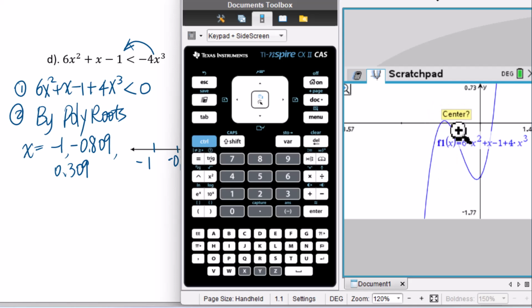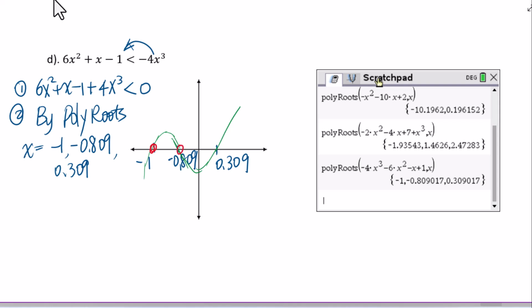You could see the graph like this. Open circle, because here no equal sign. Less than 0 means below the x-axis.